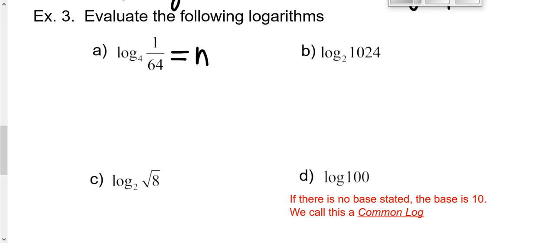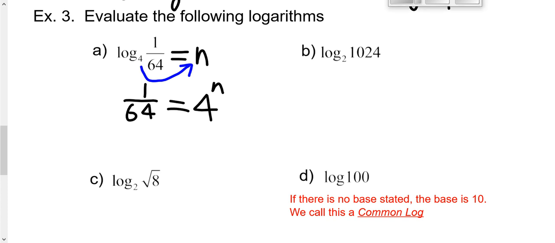If you take the base 4 here and move it to the other side, it bumps the n to become the exponent. You don't have to show me this, I'm just helping some of you to visualize this. So the base 4 of the logarithm is now the base of an exponent. So this becomes the exponent. And then this side, after doing that, the log would be gone. So that means you end up with 1 over 64.